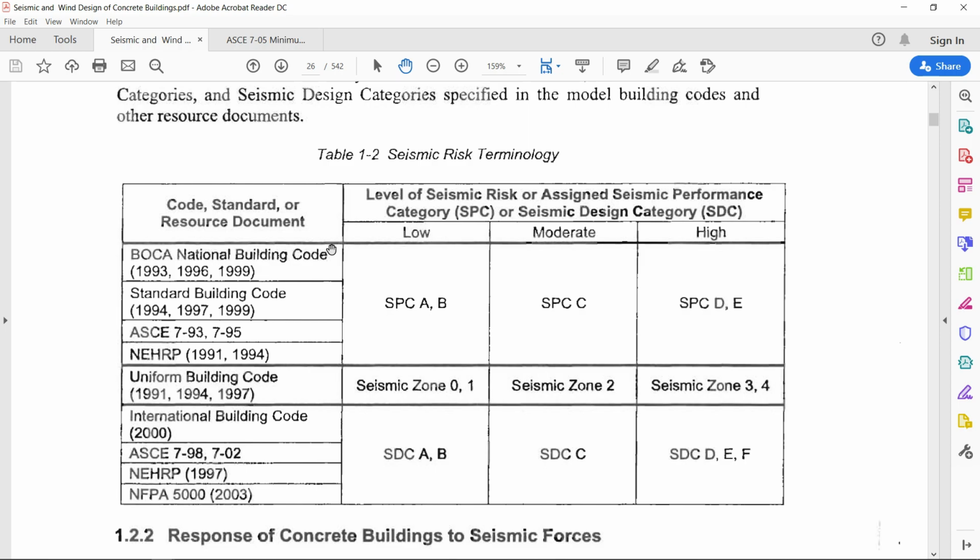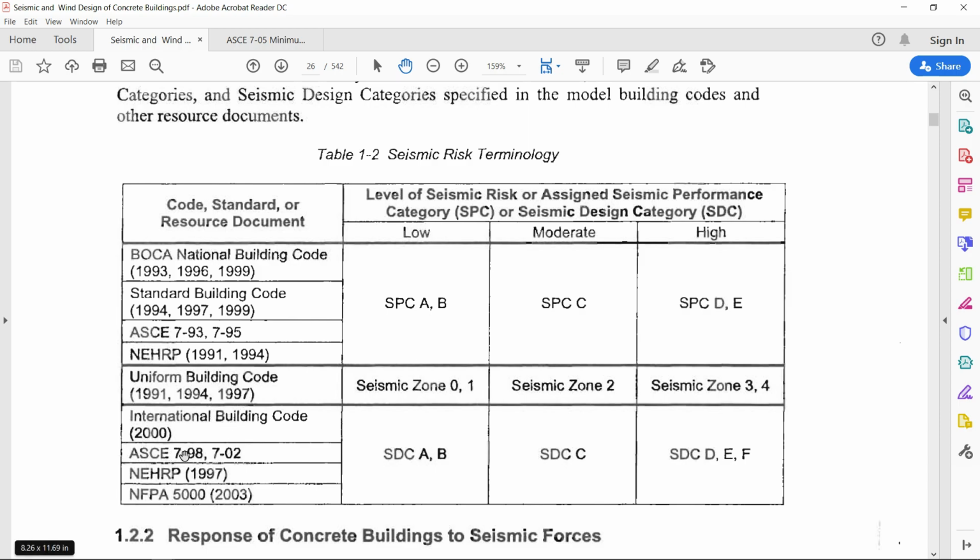Here is a table, Table 1-1 in the same book. It says seismic risk terminology, and the seismic design category is divided into three parts: one where the seismicity is low, another where seismicity is moderate, and high seismic areas.